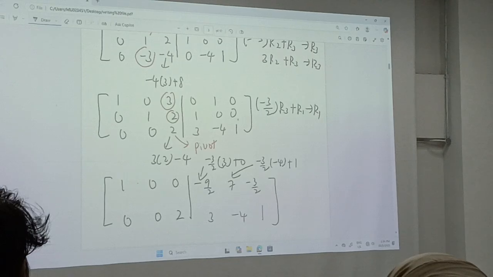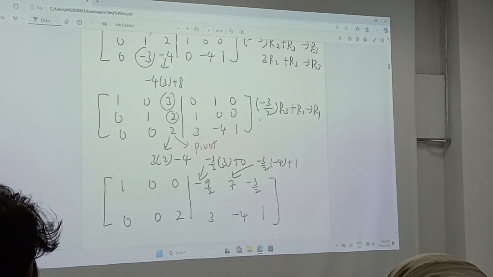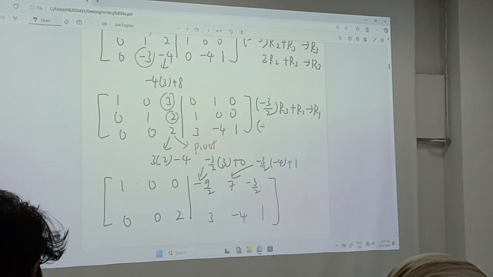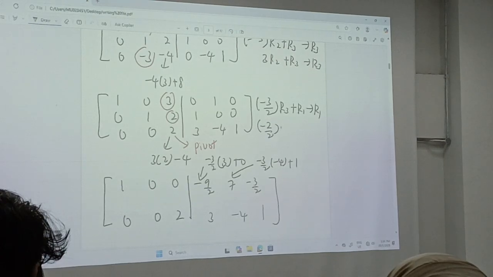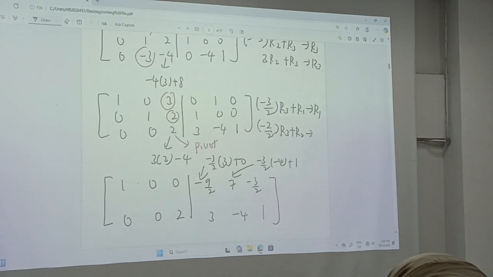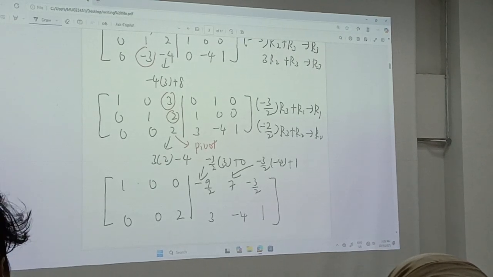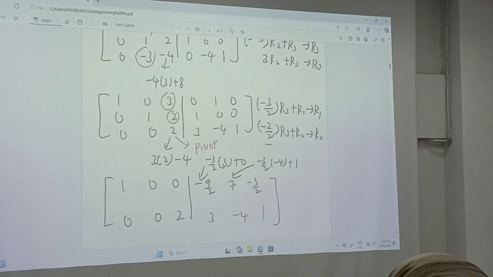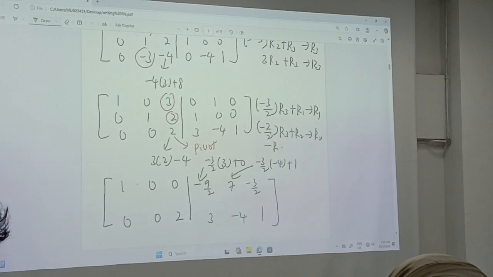And then now we need to turn 2 to 0. So how to turn 2 to 0? So negative elimination element equal to 2, pivot also 2. Multiply with the pivot row plus the elimination row. So negative 2 will cancel out with 2, and it will be negative R3.